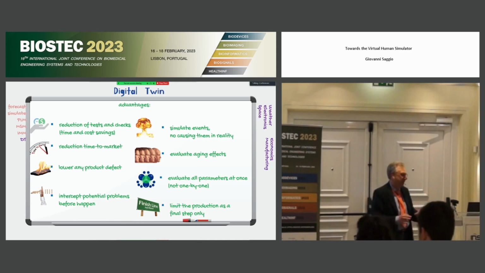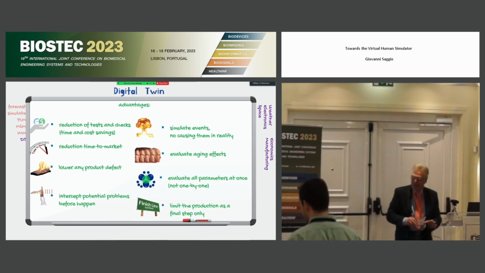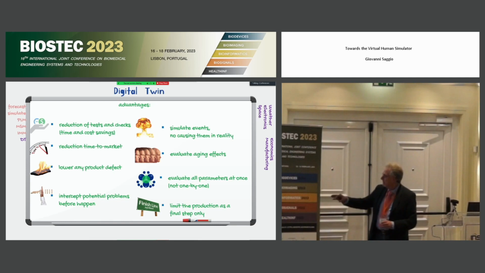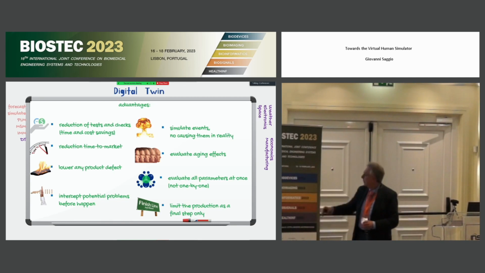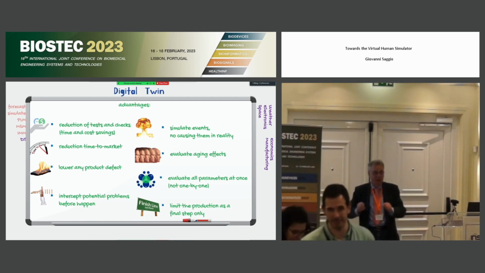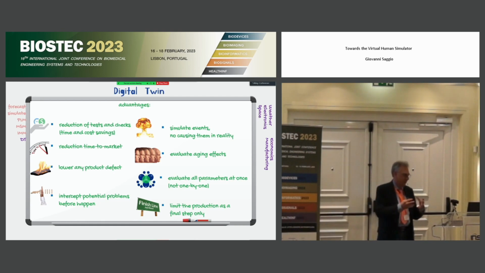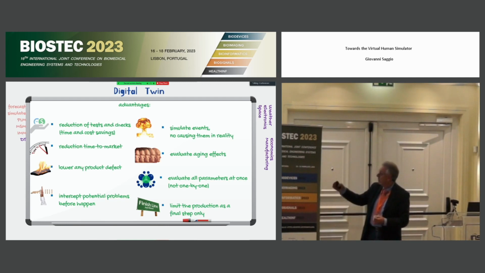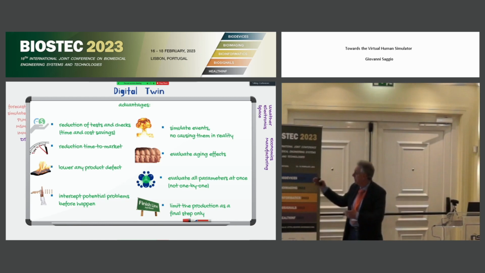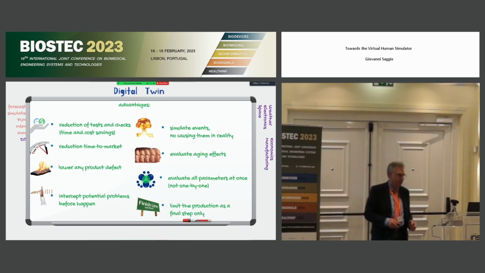Okay, it was not made by a digital twin, okay? Intercept potential problems before they happen, or simulate events, not causing them in reality. So we don't need to do something dangerous to goods or to people, but we can simulate that, of course. Evaluate edge effects, or evaluate all parameters at once, not one by one, and limit the production as a final step only.